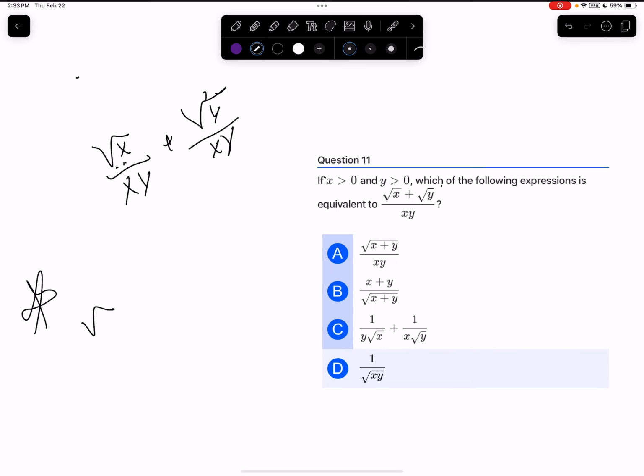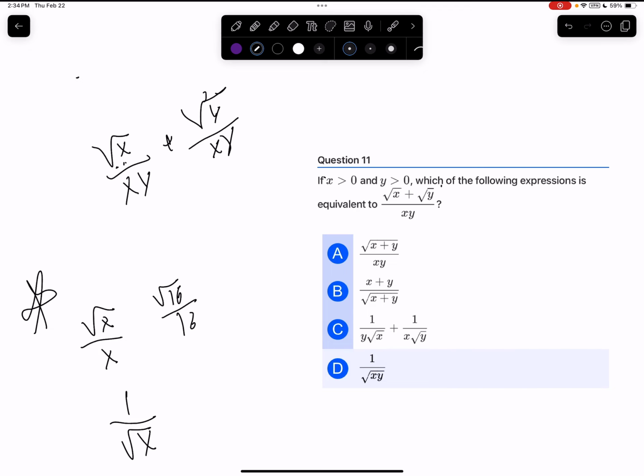If you had the square root of x over x, it's the same thing as 1 over the square root of x. Why? Well, it would take some time to explain. Let's try some easy numbers here. If you had, like, say, square root of 16 over 16.